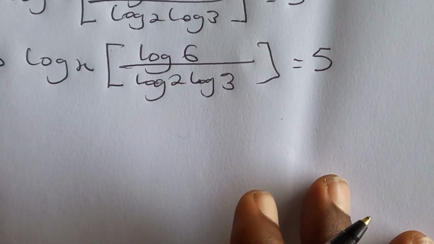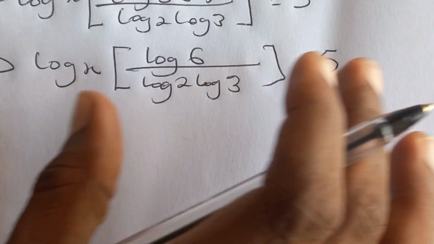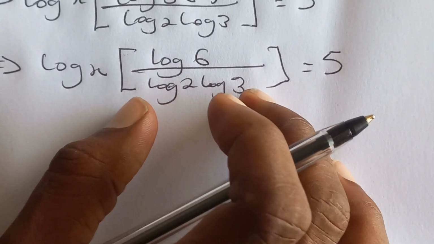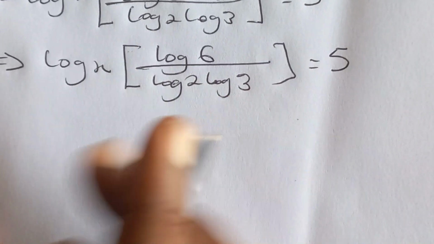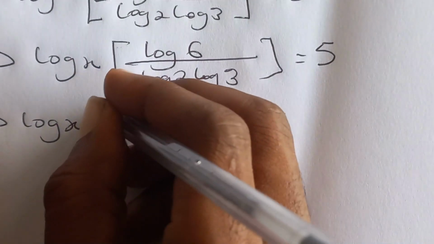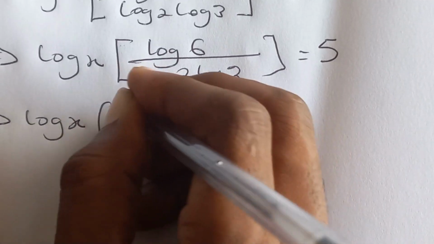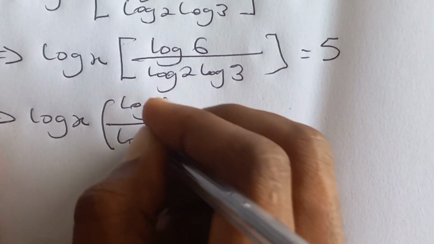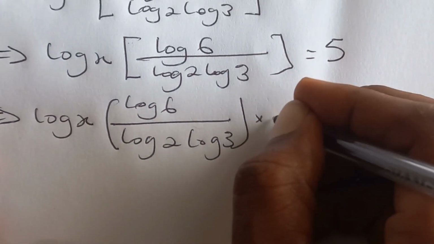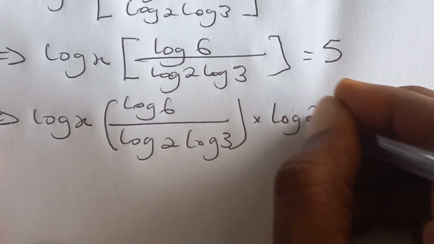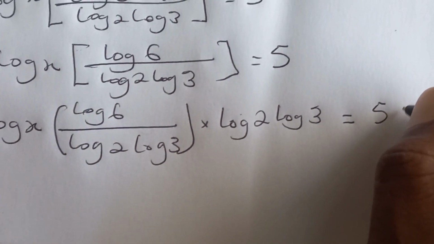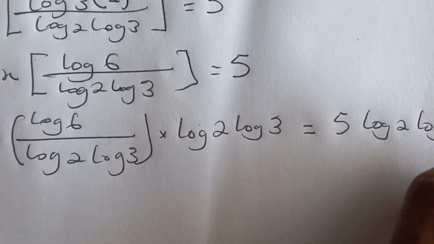Okay, so in this case, we can decide to multiply both sides of the equation by the denominator of log 6. So you can say that log x into brackets log 6 on log 2 log 3, multiplied by log 2 log 3, is equal to 5 multiplied by log 2 log 3.